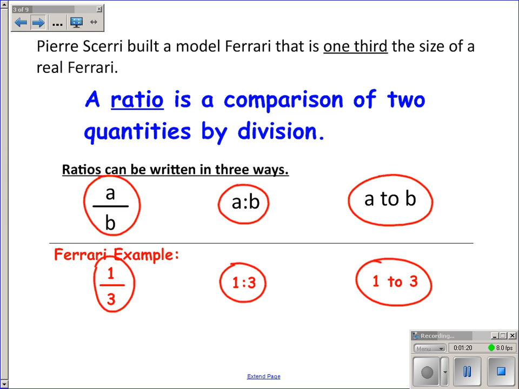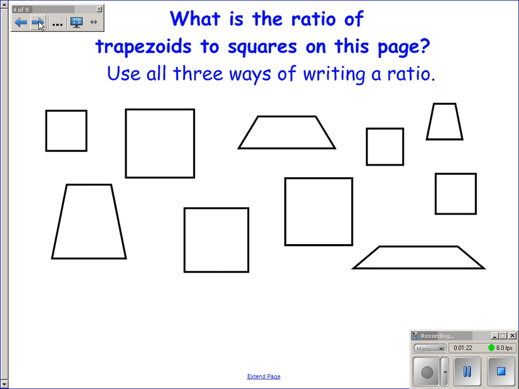Now, as far as a question, what is the ratio of trapezoids to squares on this page? Use all three ways of writing a ratio. Now be very careful about the wording. It says trapezoids to squares. So the number on the left, or the number on the top of our fraction, will represent the number of trapezoids, where the number on the right, or the number in the denominator, will be the number of squares.